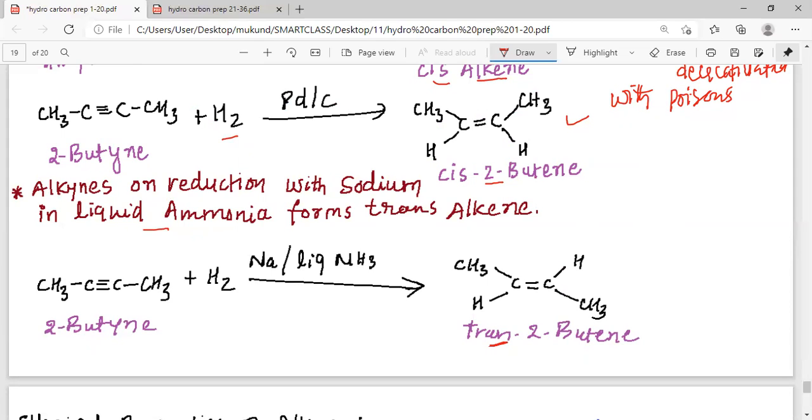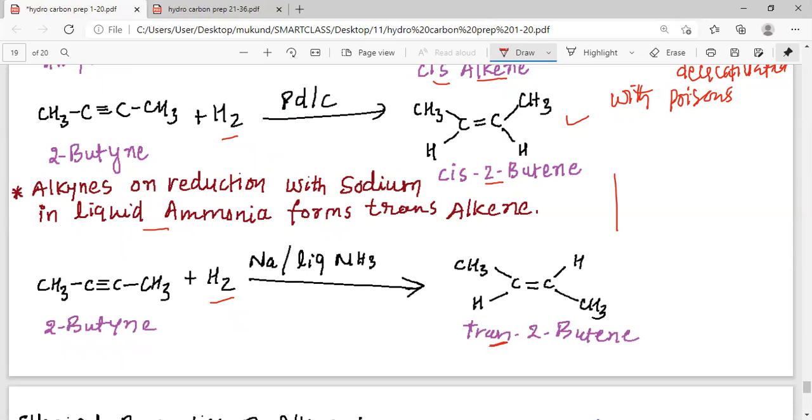So in the presence of sodium metal and liquid ammonia, if alkynes react with hydrogen, it gives us the trans alkene. So this is how, my dear students, we can easily understand the preparation of trans alkene. 2-butyne, when it reacts with hydrogen in the presence of sodium metal and liquid ammonia, gives us trans-2-butene.